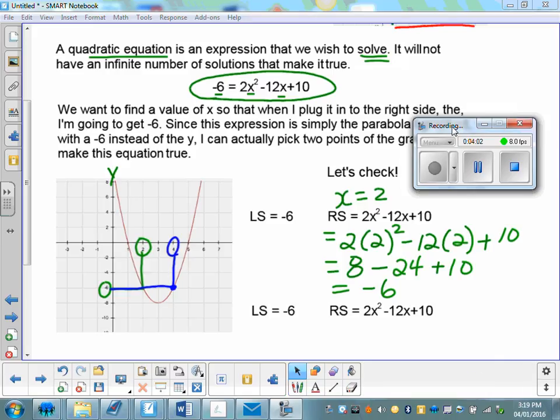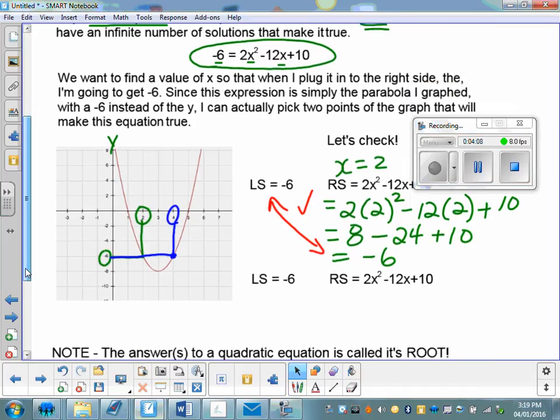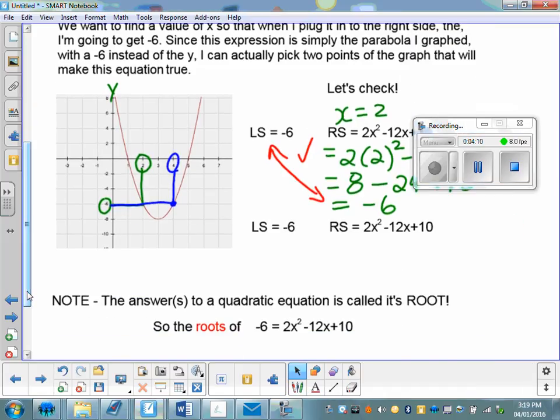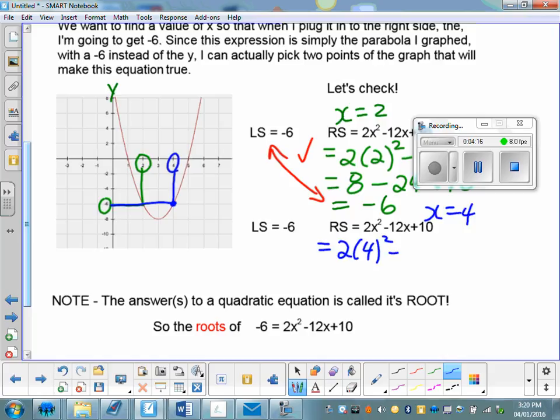So in this case, the left side equals the right side. And it should also be true if I sub in x equals 4. So if I try that, 2 times 4 squared minus 12 times 4 plus 10. In this case, 4 squared is 16, times 2 is 32.